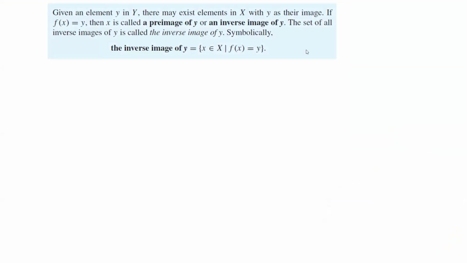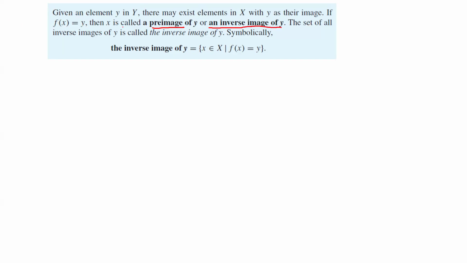Given an element y in the codomain Y, there may exist elements in X with y as their image. If f of x is equal to y, then x is called the preimage of y. We can also call it an inverse image of y.